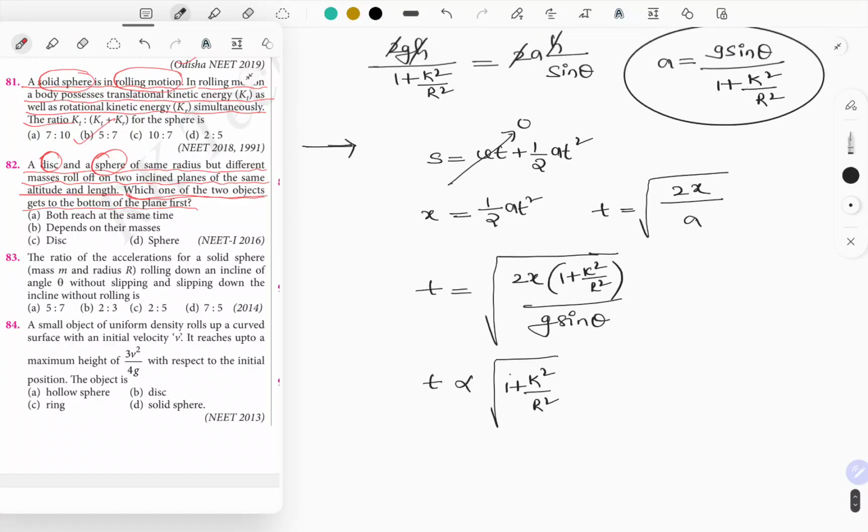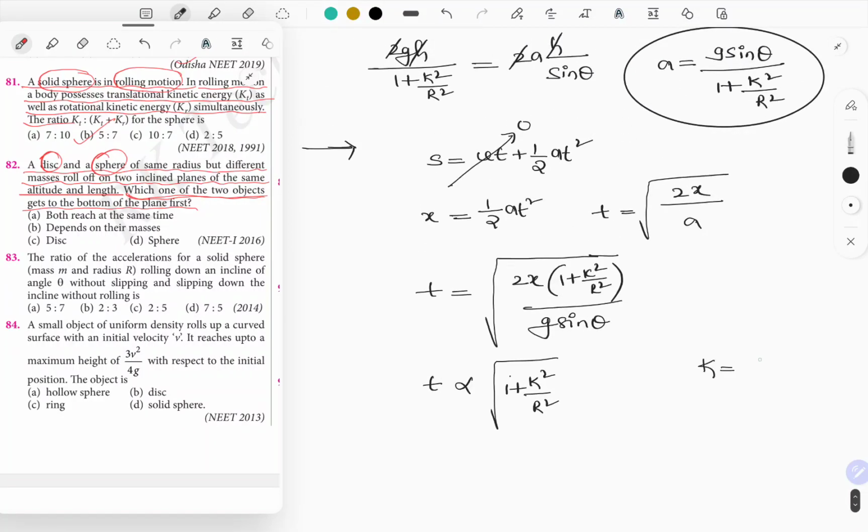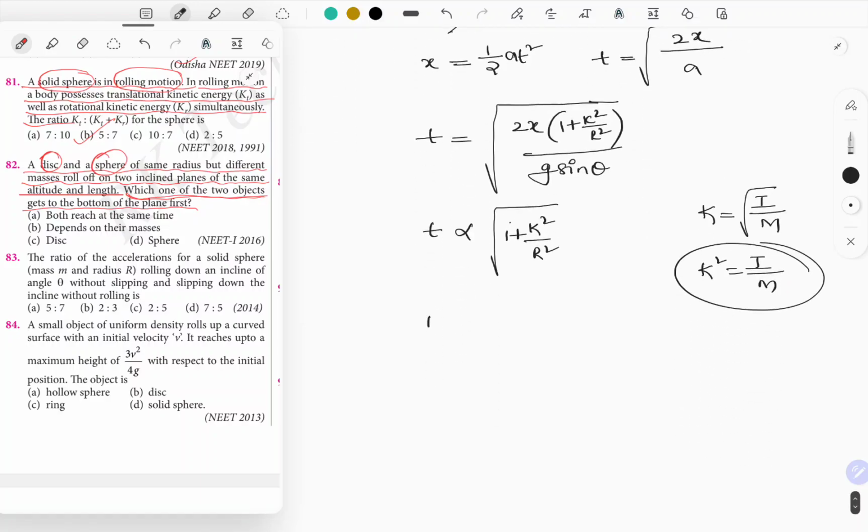k is the radius of gyration. What's the formula for k? k is equal to root of I by m. So k square is equal to I by m. Let me substitute this. T disk divided by T sphere is equal to root of 1 plus k disk square by r square, divided by 1 plus k sphere square by r square.